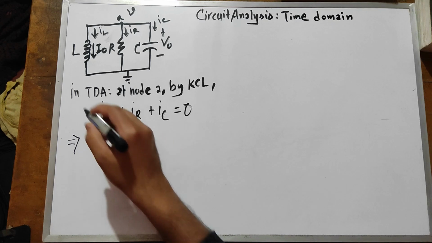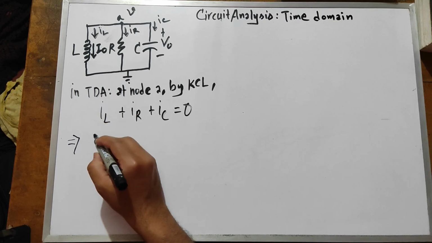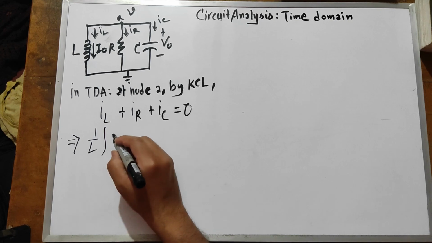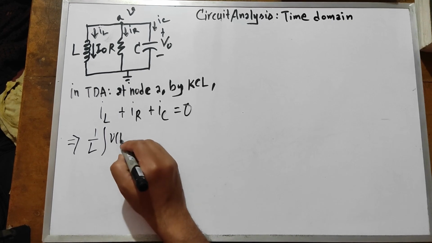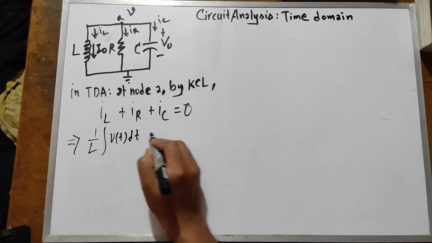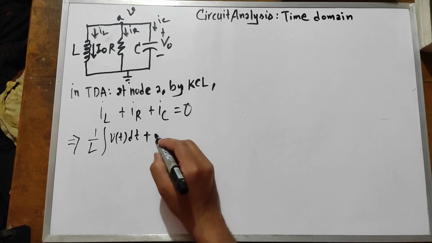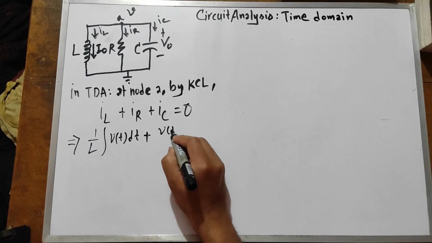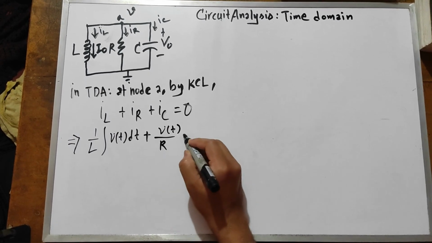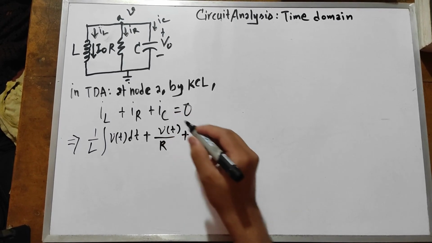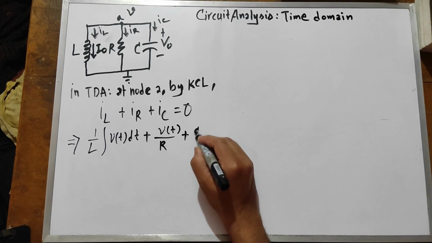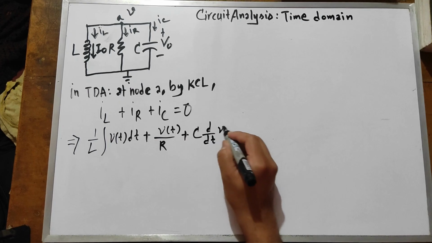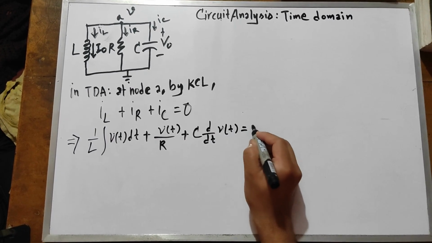So current through the inductor is 1 by L integration of V(t) dt, plus V(t) by R, the current through the resistor, and current through the capacitor is C d by dt of V(t).